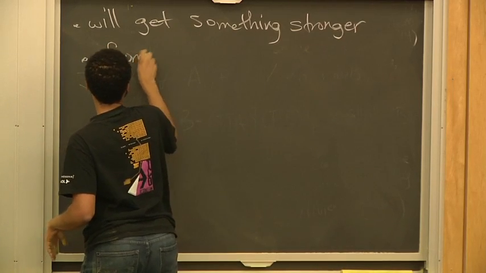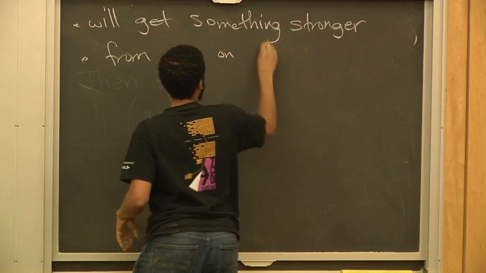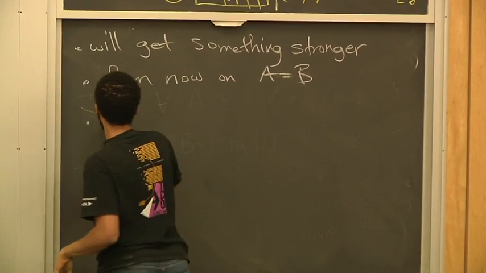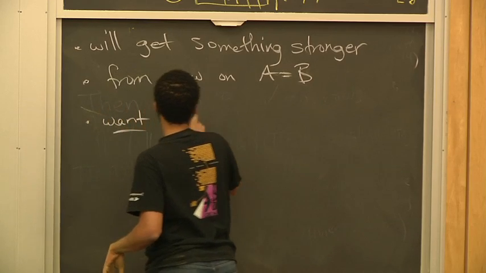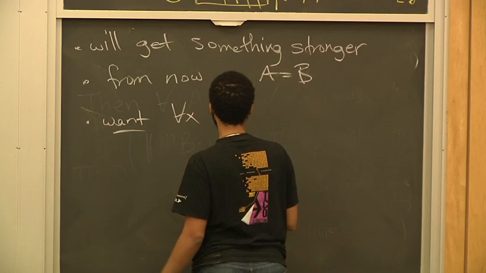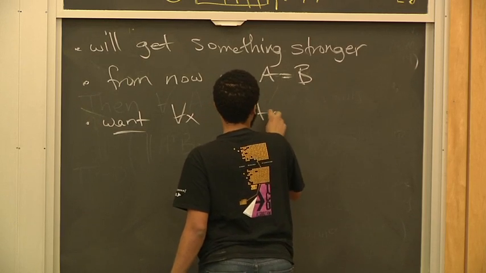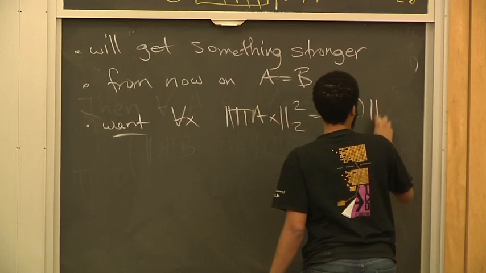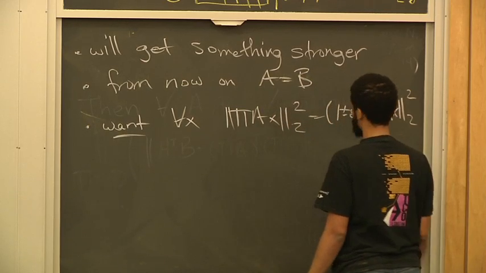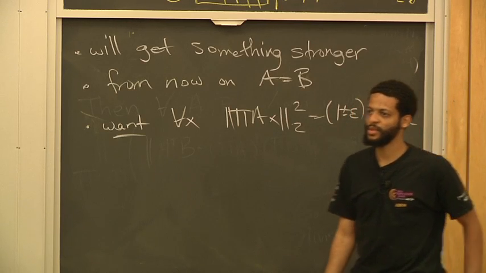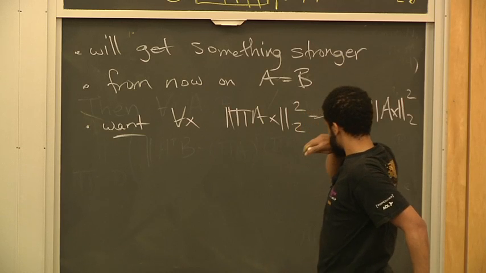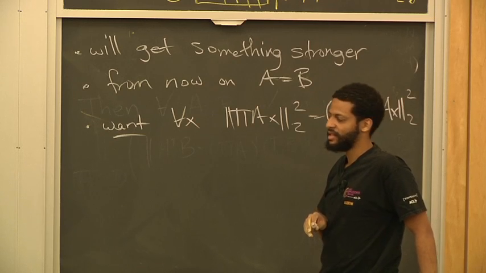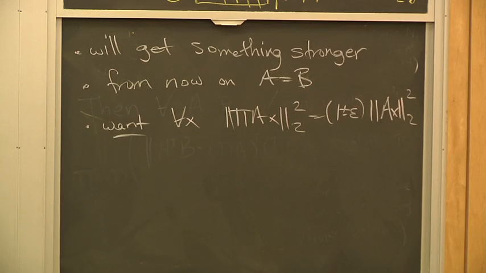From now on, A is equal to B. Okay, so let me stop talking about two matrices. I want that for all x, the L2 norm of pi Ax squared is equal to 1 plus or minus epsilon times the L2 norm of Ax squared. Okay? So we want pi to preserve the norm of every vector that looks like Ax simultaneously. It's a bit stronger than that error guarantee, right?